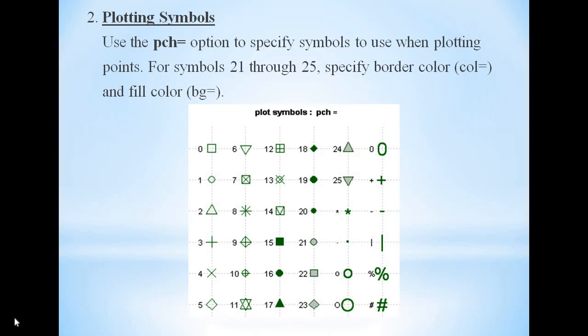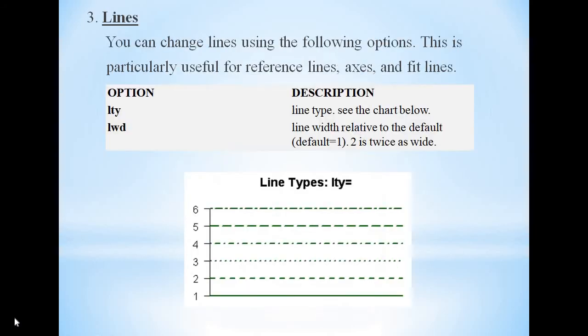For symbols 21 through 25, we can specify the border color. The parameter used for specifying border color is COL equal to. And for filling the color in those symbols, we can use the option BG equal to. So border color is COL equal to, fill color is BG equal to.